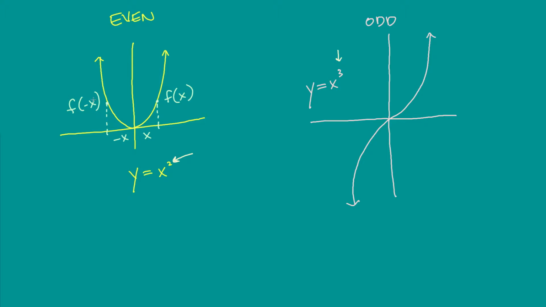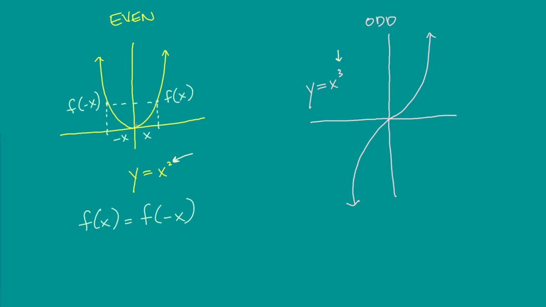So for an even function, you should see that these guys are the same. So for an even function, our f of x will equal our f of negative x.